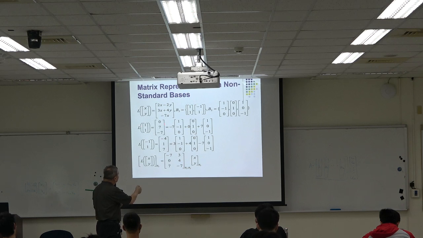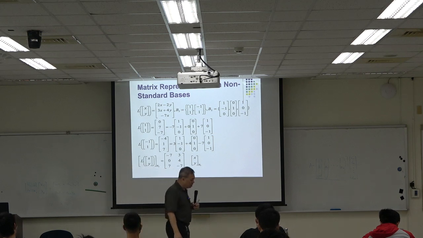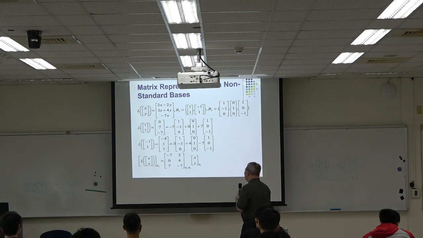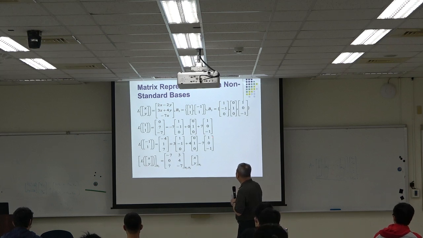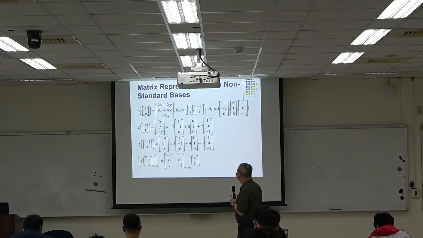We get this one, and again we have to solve a system of linear equations to get the coordinates, negative 7, 0, 7, using the basis B2. Similarly, if you plug in the second column vector in B3, you get negative 4, 1, 7.